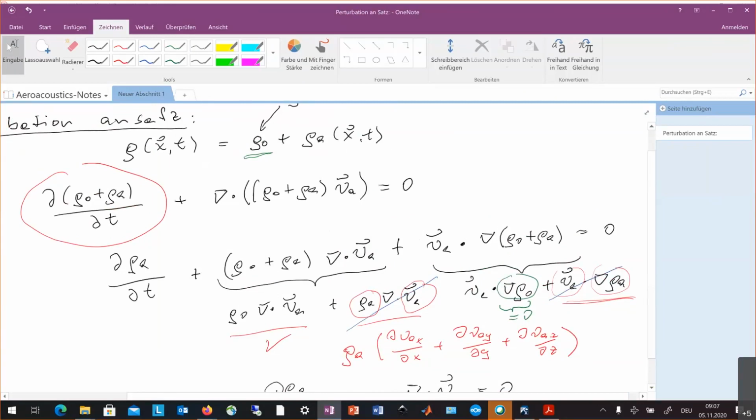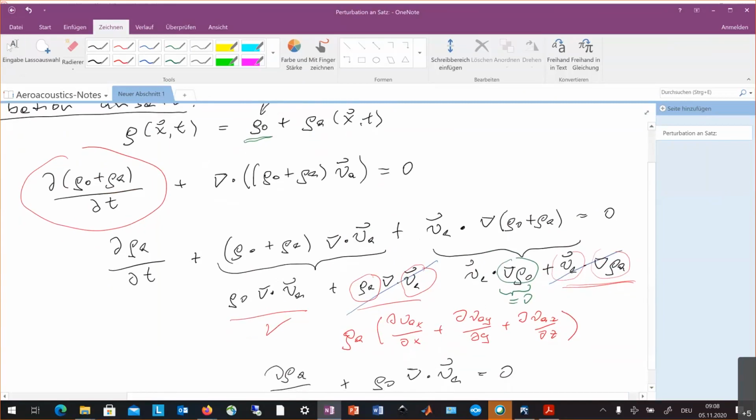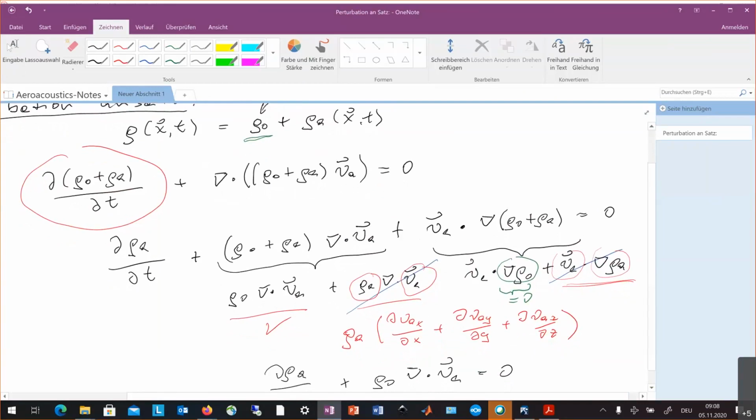So they are no functions of space and time, which we have assumed here concerning the mean quantities, and clearly concerning the fluctuating quantities, which are acoustic density, pressure, particle velocity, they are functions of space and time.